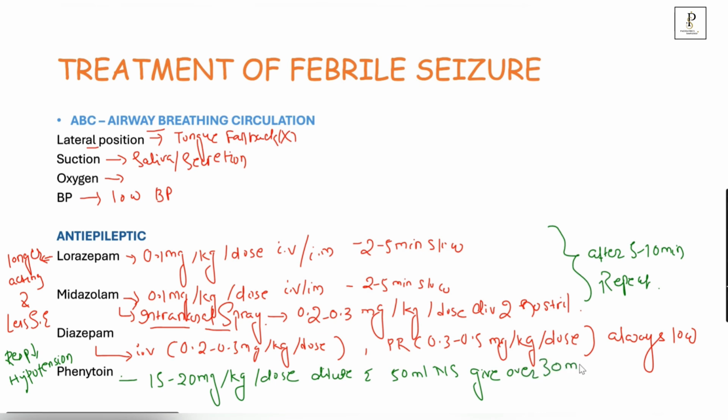It should always be given as an infusion. Instead of phenytoin, you can give fosphenytoin also, at the same dose. This is phenytoin equivalent dose, 15 to 20 mg per kg per dose.